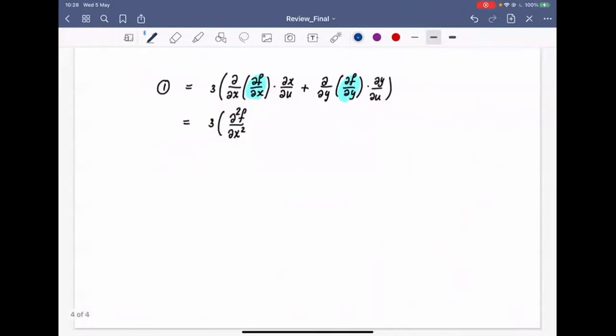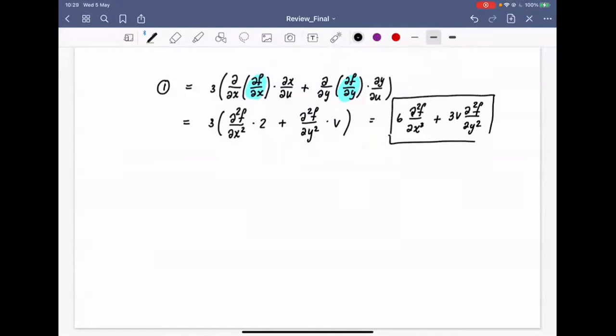So that is number 2, and that is the notation here, and then that is v. Then this term is going to be 6 times that, plus 3v times that. This is the term that I got from number 1 here.